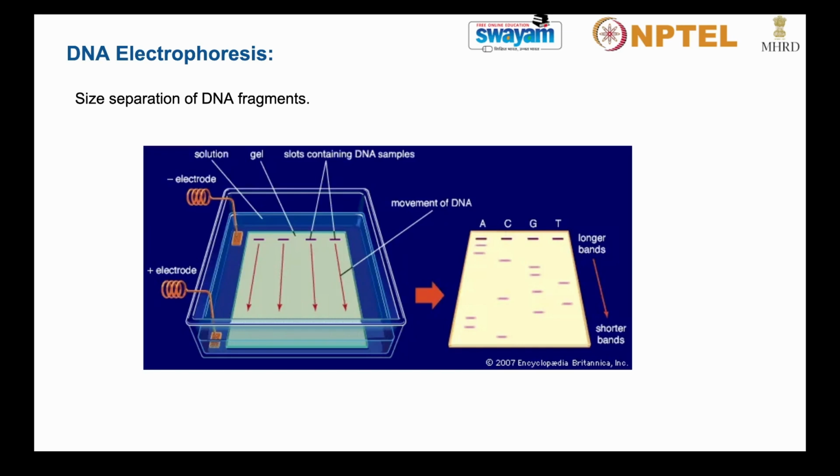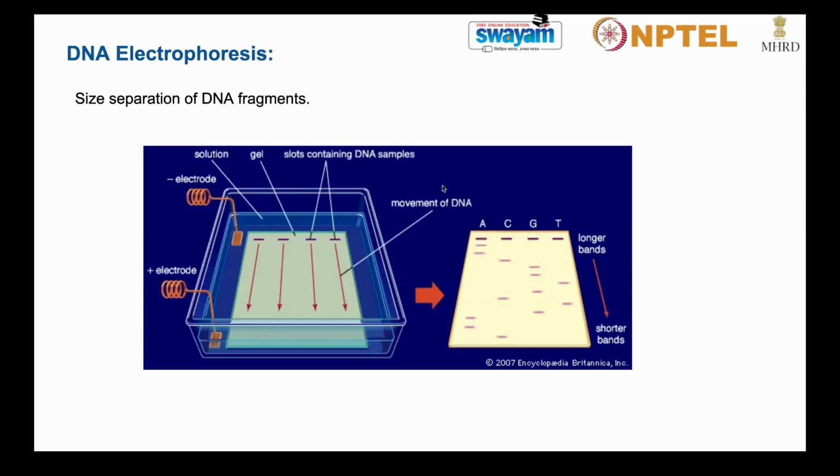Similar is the concept of DNA electrophoresis. The fragments that are smaller in size will flow faster, and shorter bands will move faster as compared to longer bands. So you will observe different bands in the gel.